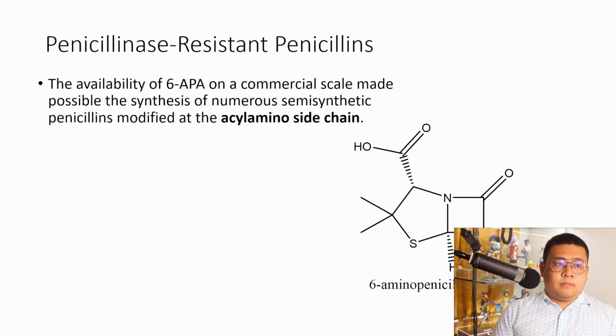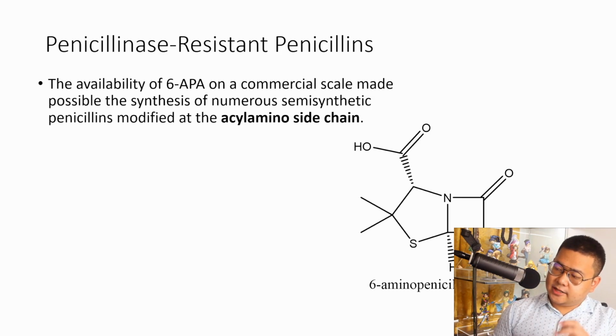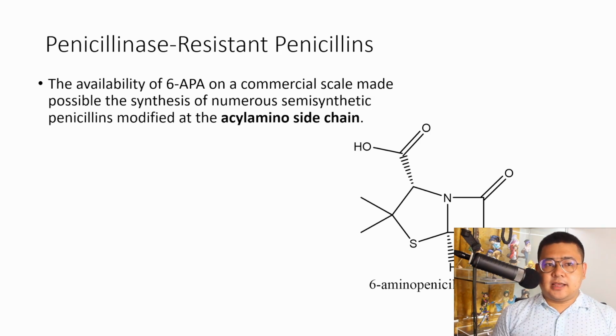Okay. Now, based on our recent development in producing penicillins, we currently have the ability to mass produce 6-aminopenicillanic acid on a commercial scale. So this structure right here on the lower right side of the screen can be easily manufactured right now.